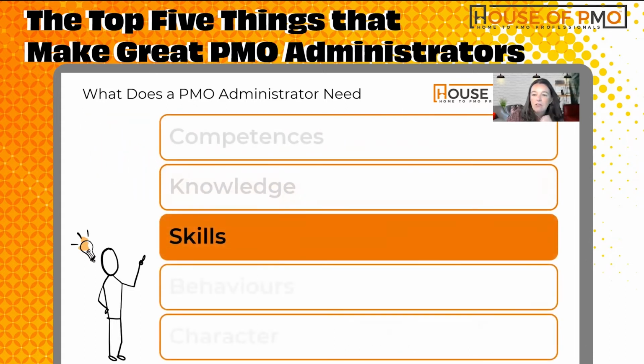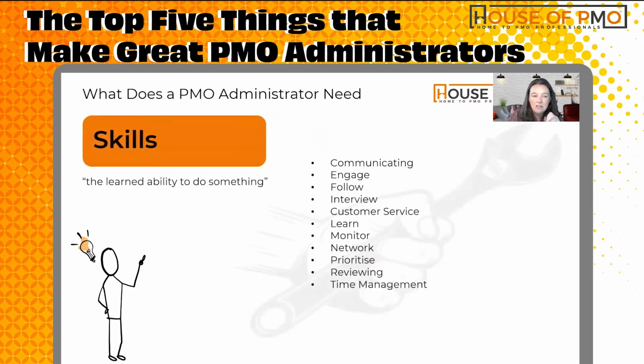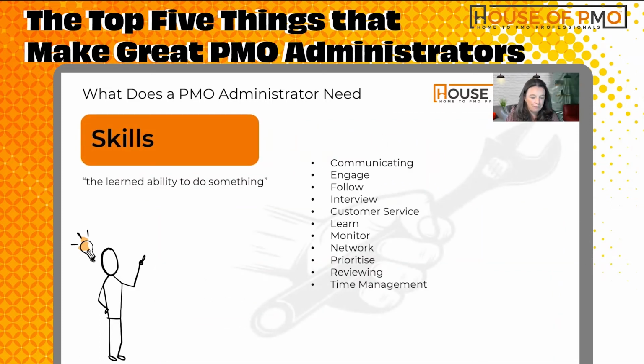So if you look at skills then, skills are about your learned ability to be able to do something. Again there's guidance in the competency framework, but there's umpteen skills that you will be using all the time, and perhaps not even aware that it's a skill, but it is something that you've learned to do over time. Some of the obvious ones come out of the competency framework against this PMO admin role.